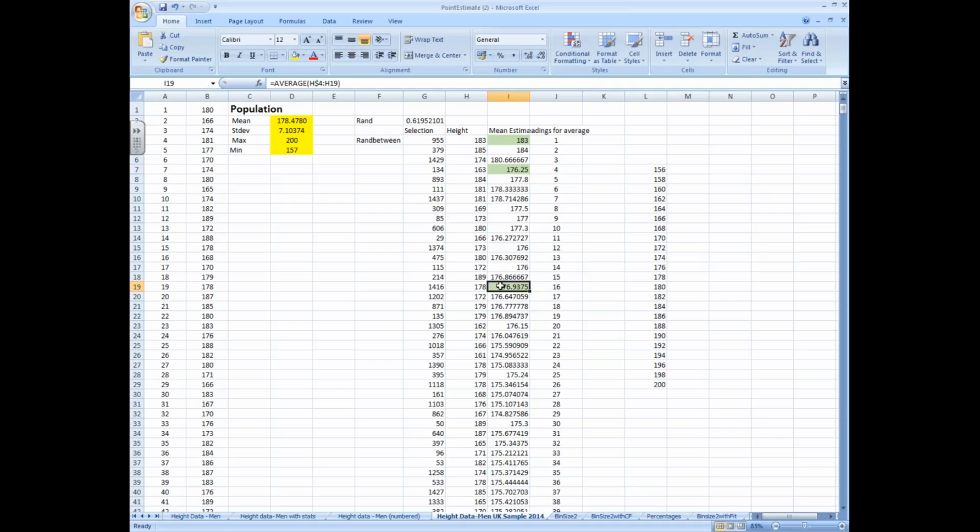If I now take 10 samples down here and look what happens to this mean, well, my first one looks like 176.9, 2, oh, also 176.9, 3, 176.3, 4, oh, 177.7, 5, 179.3, 6, 182.2, 7, oh, back to 179.2, 8, 178.8, 9, 179.8, and 10, oh, 177.3.